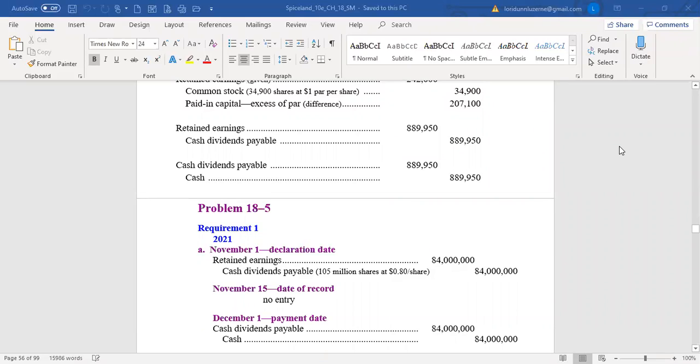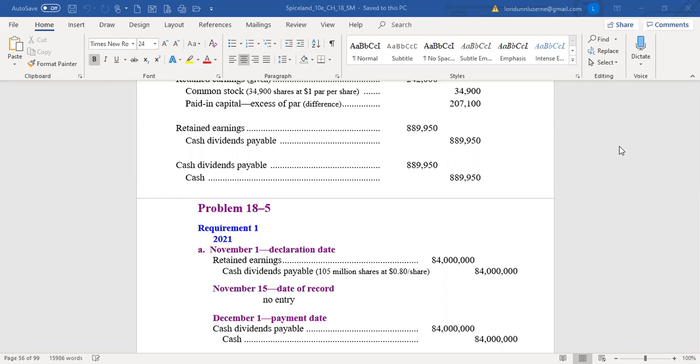So the liability that was created on the date of declaration will be debited. Cash dividends payable, debit 84 million. The cash is being sent out, credit cash. So that was a great review of the 3 major dividend dates and declaring and paying a cash dividend.